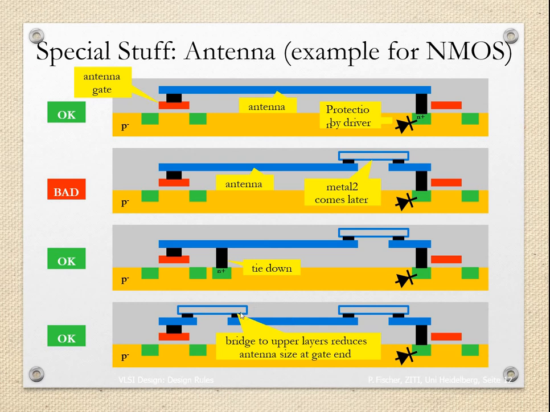So this particular bridge to upper layers is used to reduce the antenna size at the gate end. Instead of having a continuous metal for a long length, it is cut and such a bridge is prepared so that the antenna size is reduced at the gate.